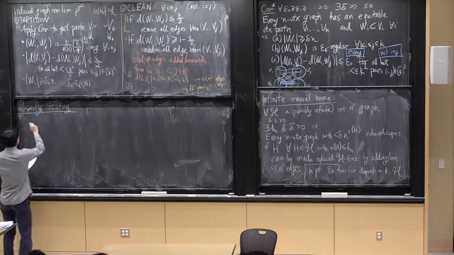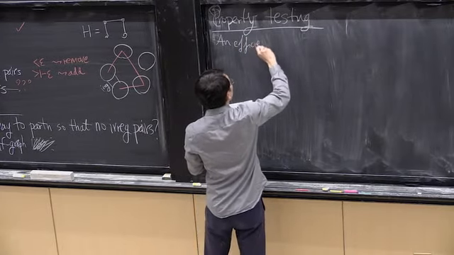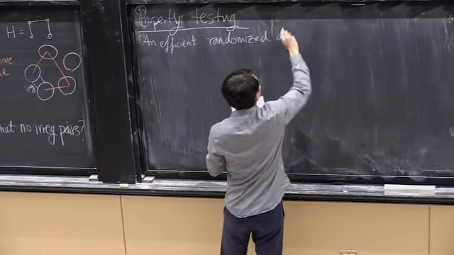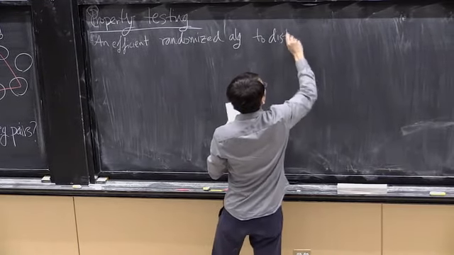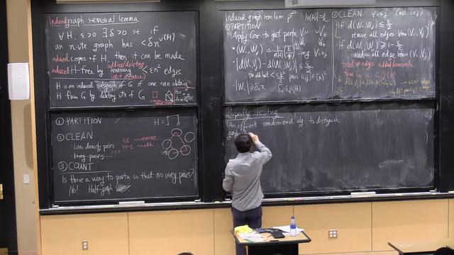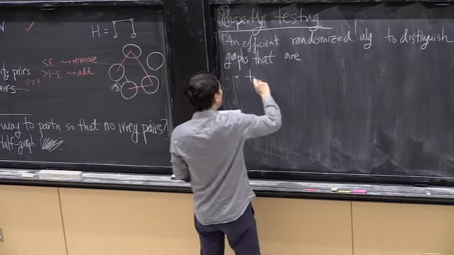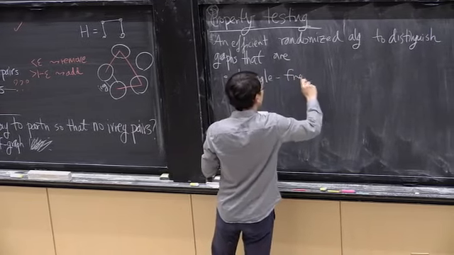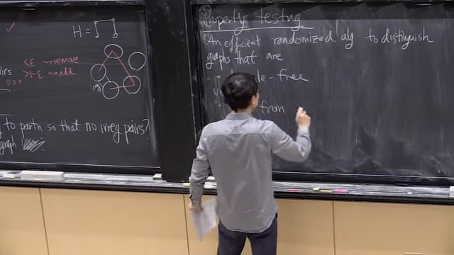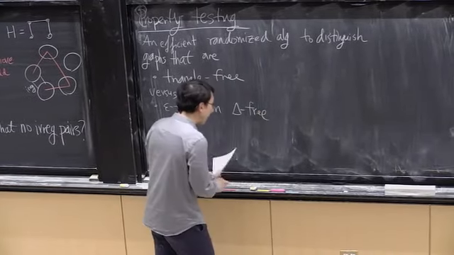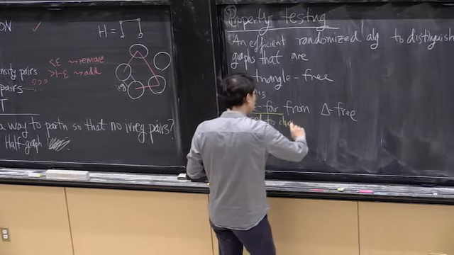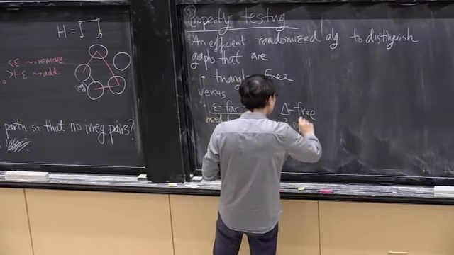Basically, we would like an efficient, meaning fast, randomized algorithm to distinguish graphs that are triangle free from those that are epsilon far from triangle free, where being epsilon far from triangle free means that you need to change more than epsilon n squared edges.